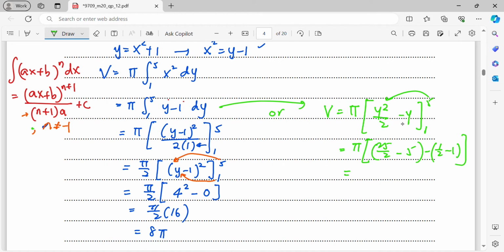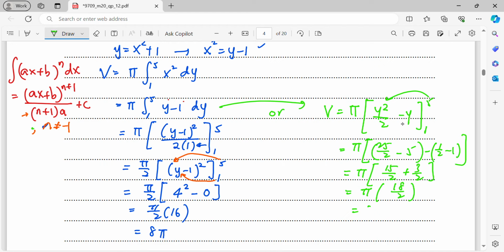Then later on, here is going to be pi, and this is 15 over 2. Then here, half minus 1 is negative half, so minus minus is a plus. So you are getting 18 over 2, which is 9 pi.